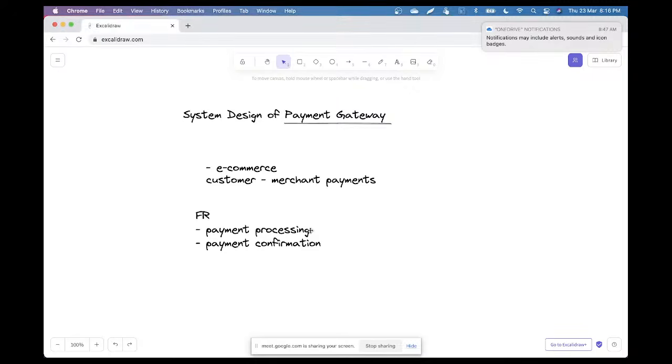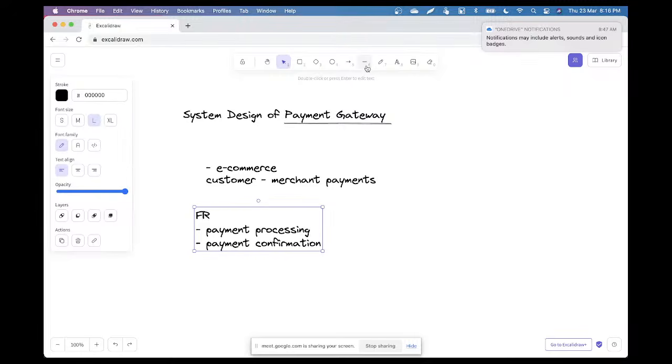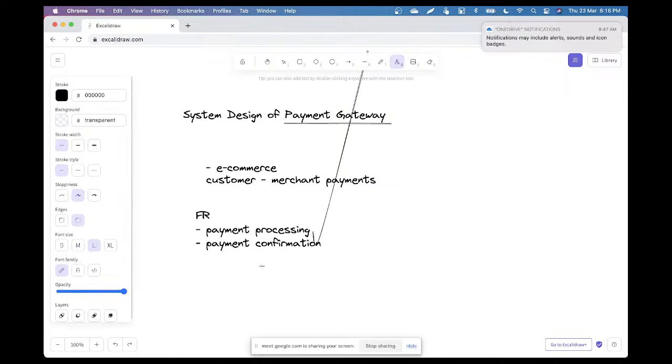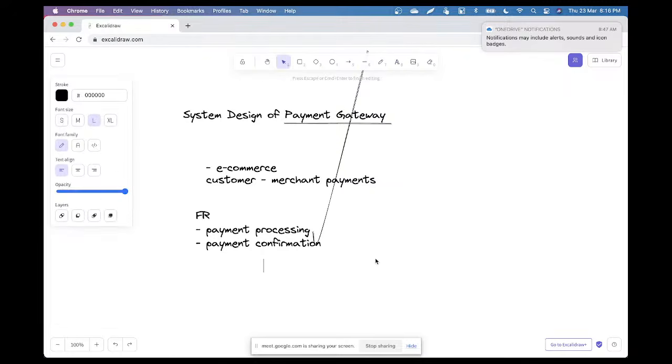So yes, now let's talk in more detail about the functional requirements. If you see, the first functional requirement is about money transfers. Then the other requirement is the user will enter the details like the amount, and make a payment, and then the payment will be processed, right?